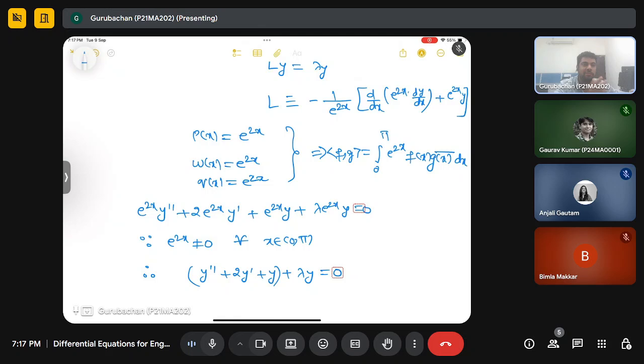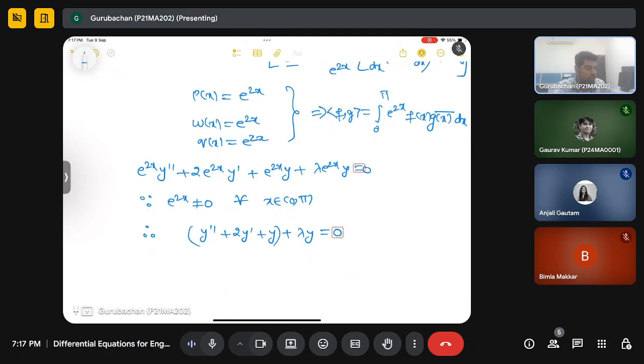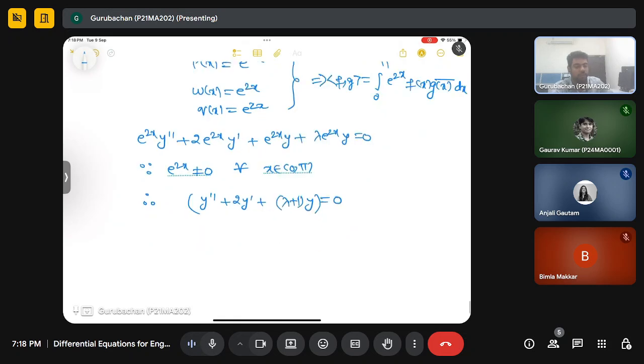So from here, you can easily get your solution. If you combine this, it will be lambda plus 1 equal to 0. Now again, look for yx to be e to the power kx. So from this you will get k square plus 2k plus lambda plus 1 equal to 0.